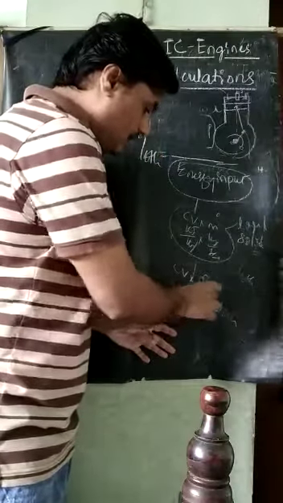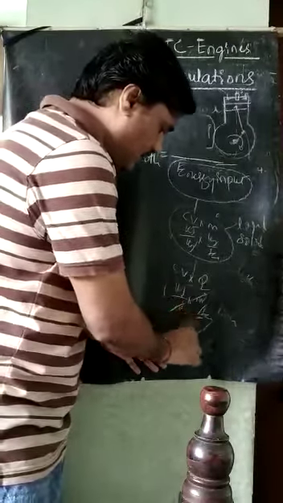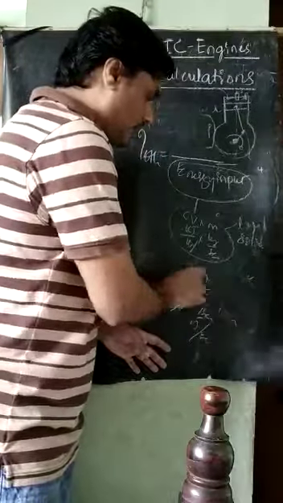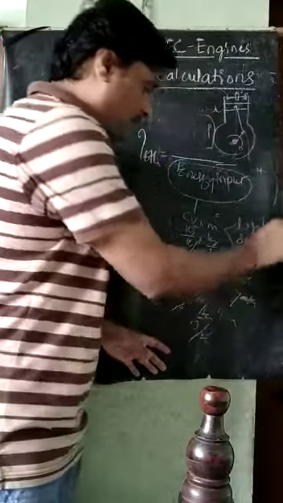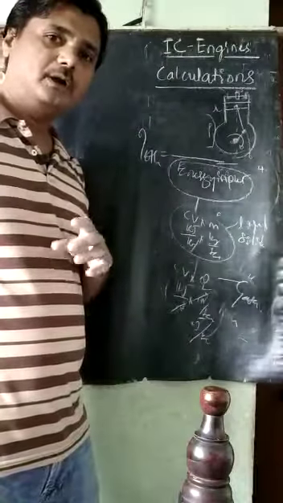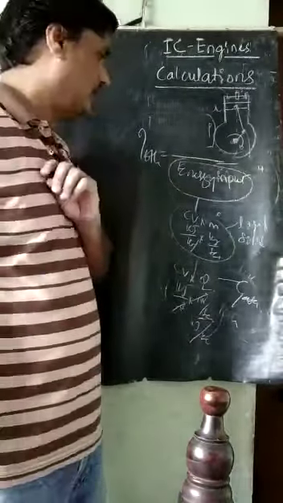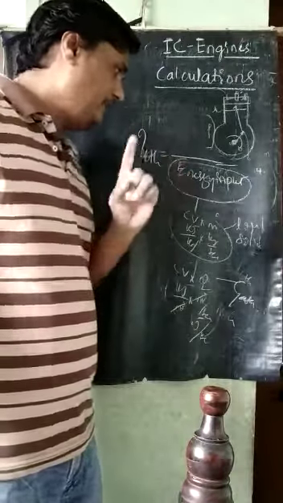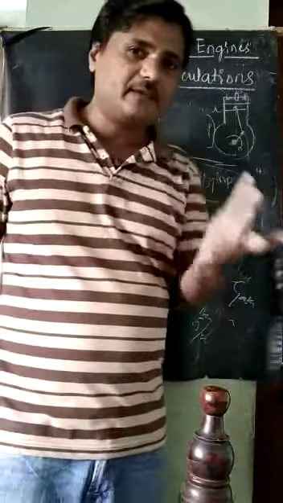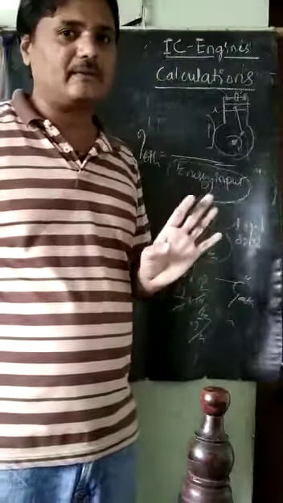This cancels, and the answer again comes in kilojoule per second. This is the energy input. Energy input is the same in the case of brake thermal efficiency or indicated thermal efficiency.